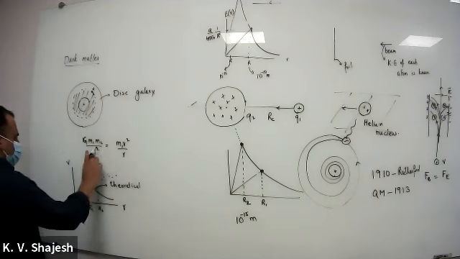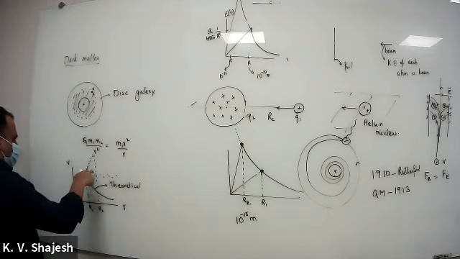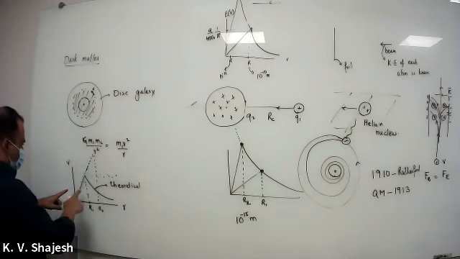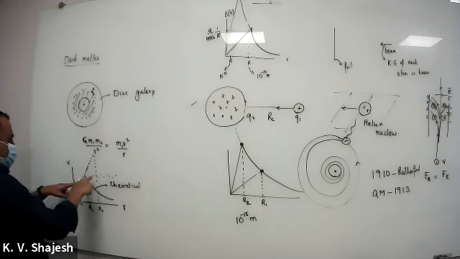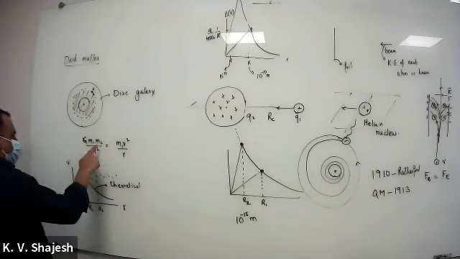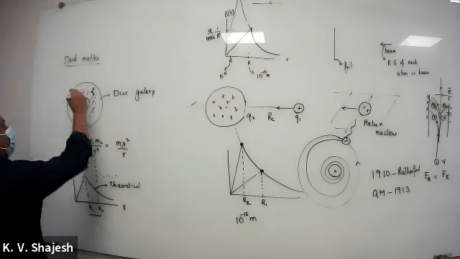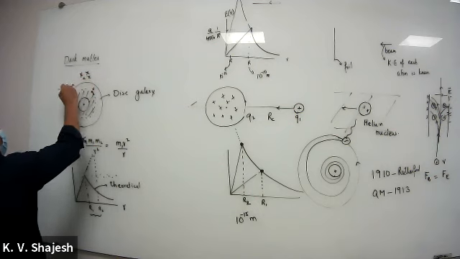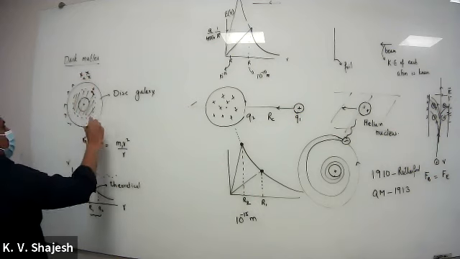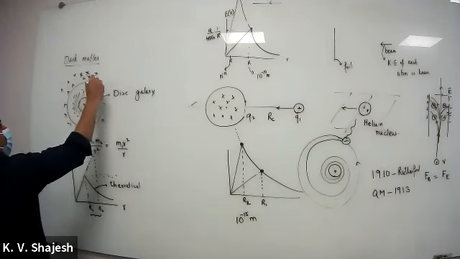I should have started from here and then gone there. So the idea is that there is matter here, in the outside part of the galaxy, which is called the dark matter.